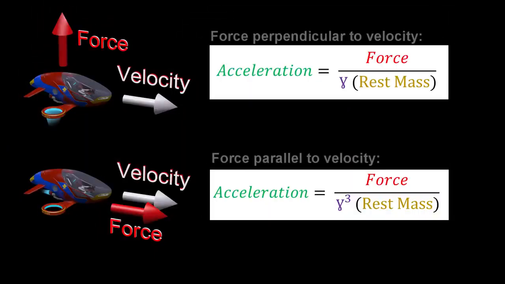We have the following two different equations for acceleration, depending on if the force is perpendicular or parallel to the velocity. This is where the concept of transverse and longitudinal mass comes from.